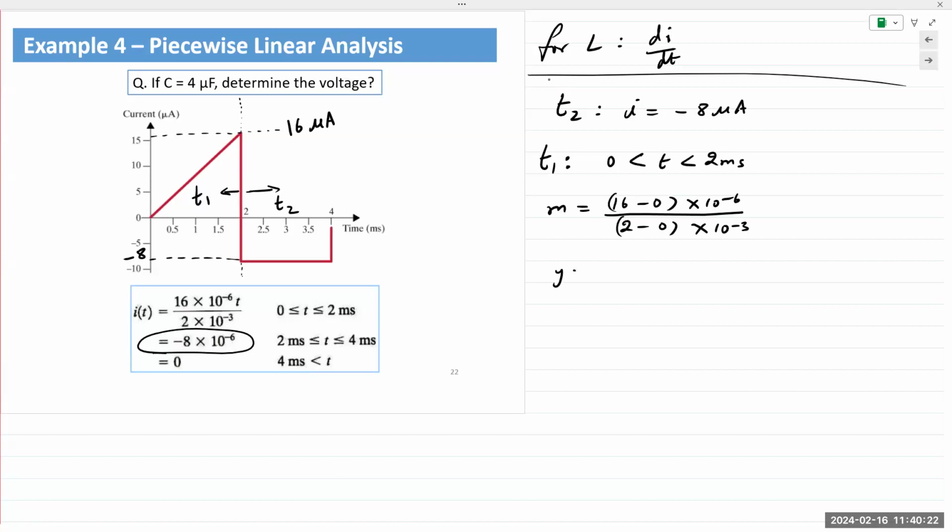And y is equal to mx plus b gives me the equation I is 8 times 10 raised to -3 times t. And b is, of course, 0.